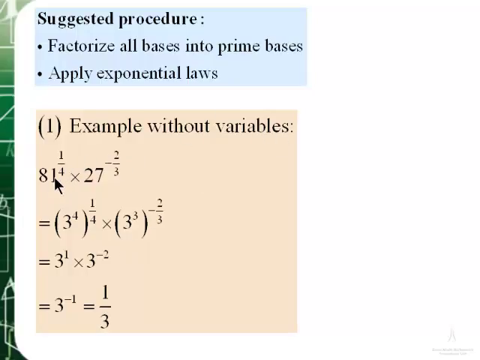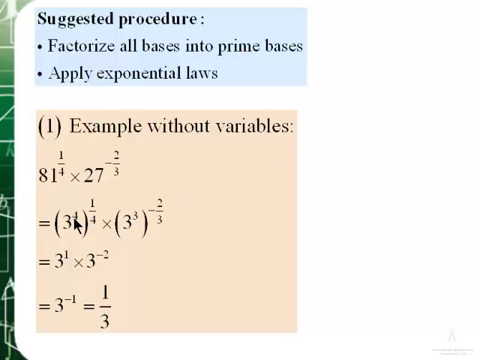So we change 81 and write it in terms of its prime base 3, and it's 3 to the power 4. Like I said, if you have a problem, you can use your calculator. 27 as 3 to the power 3.